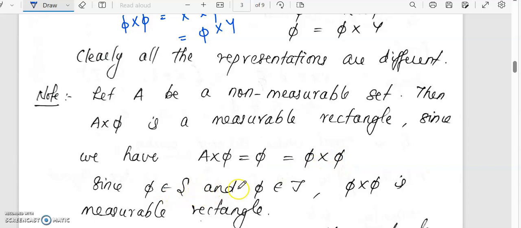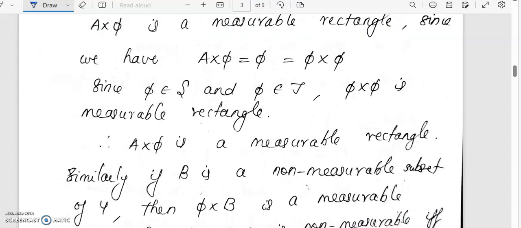Now phi belongs to script S and also phi belongs to script J. So therefore phi cross phi is a measurable rectangle. Now A cross phi is equal to phi cross phi. So that way we can say that if A is a non-measurable subset, then also we can obtain a measurable rectangle from it. A cross phi is a measurable rectangle.